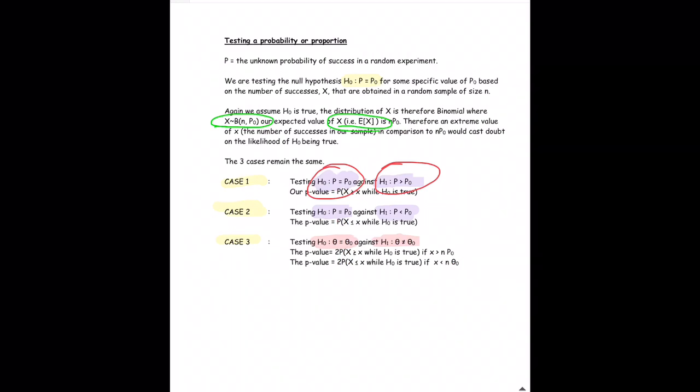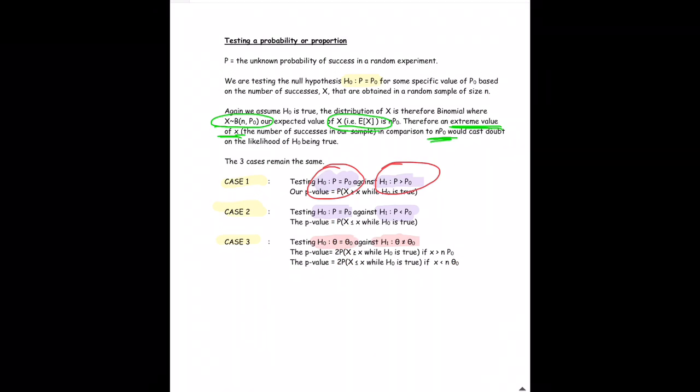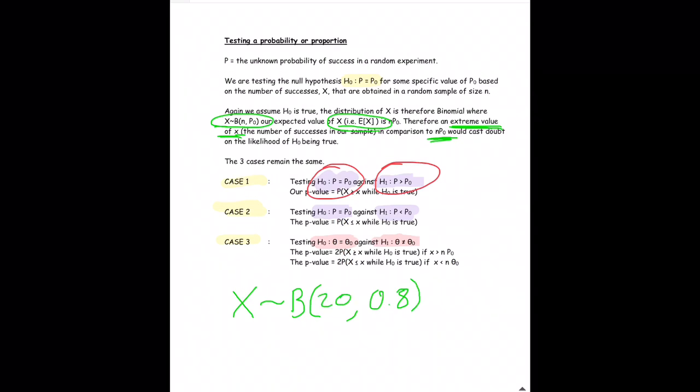And then we can compare our sample value with what we would expect, and an extreme value of the thing that we are counting in comparison to what we were expecting would cast doubt on the likelihood of our null hypothesis being true. That means if we are expecting 80% of people to be using Fairy Liquid, and I asked, I don't know, 20 people, do you use Fairy Liquid?